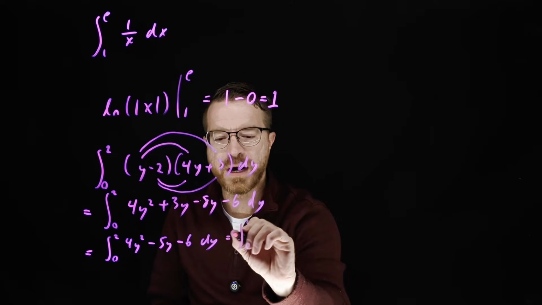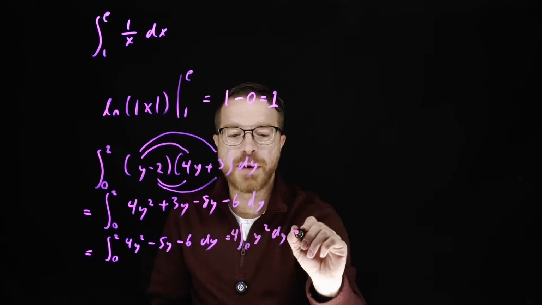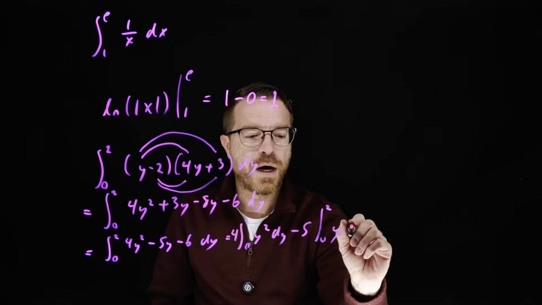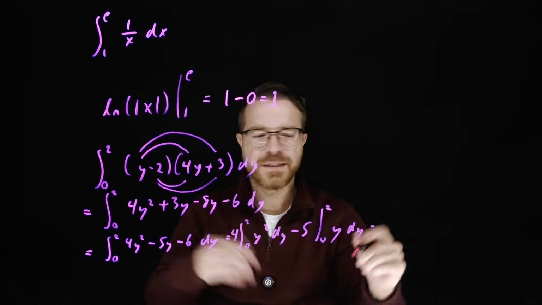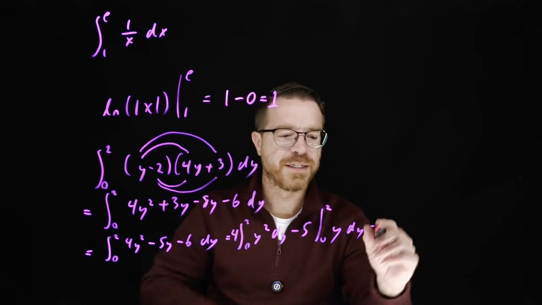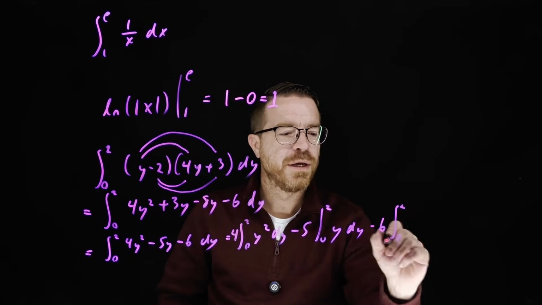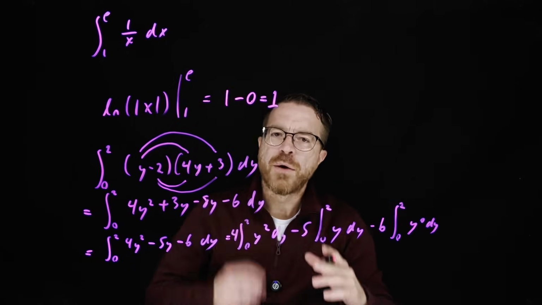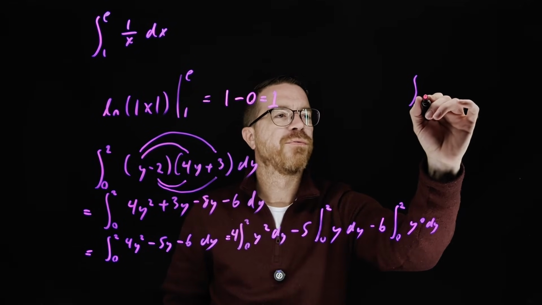I'm going to pull that 4 out, and this is just going to be y squared dy minus 5 integral 0 to 2 y dy, and then finally minus 6, which I'm actually going to think of as y to the 0. So minus 6, 0 to 2, and this is going to be y to the 0 dy.